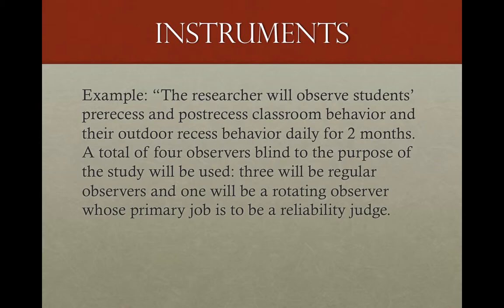No, I did not make this one up. This is one I got out of a book. A total of 4 observers blind to the purpose of the study will be used: 3 regular observers, 1 rotating observer who is going to serve as a reliability judge. And again, those are the things that I don't really expect you to come to the table knowing how to do. That's part of the process of you and your group and me going through this together.